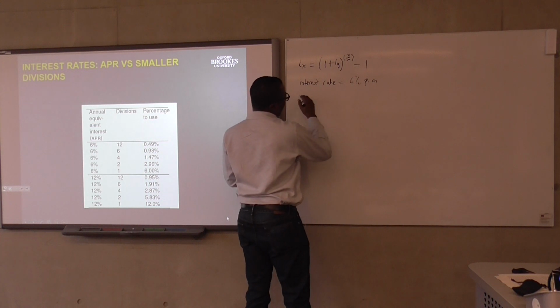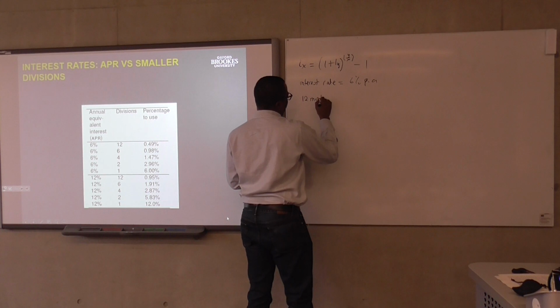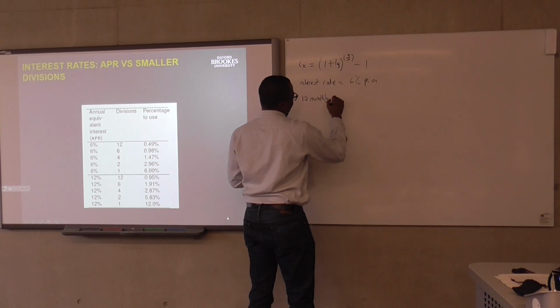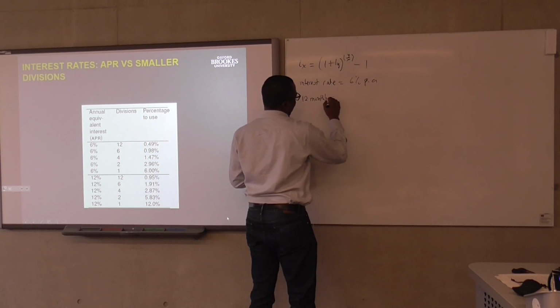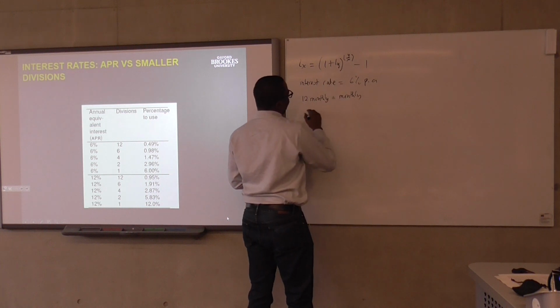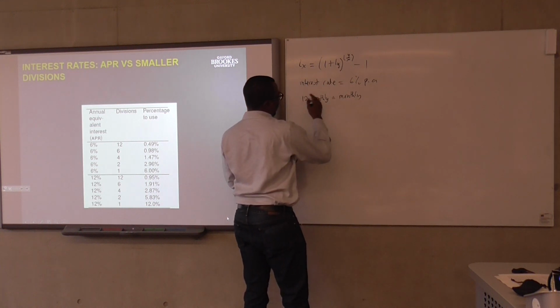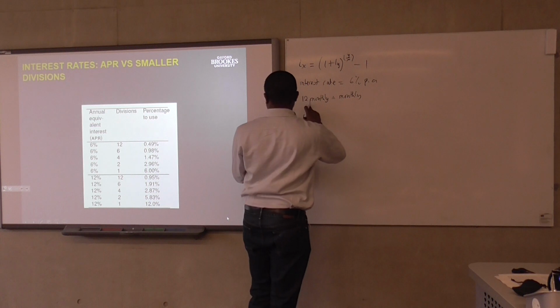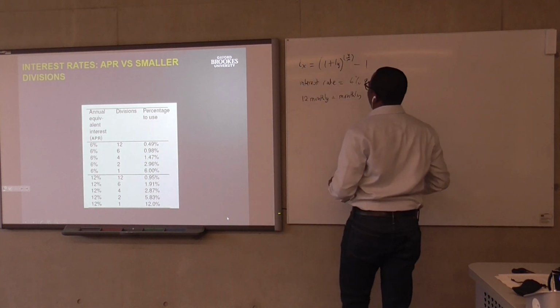We wanted to pay that over 12 months, right? Which means our payment cycle is what? Monthly. In this case, the x stands for the monthly period, which is our payment time.